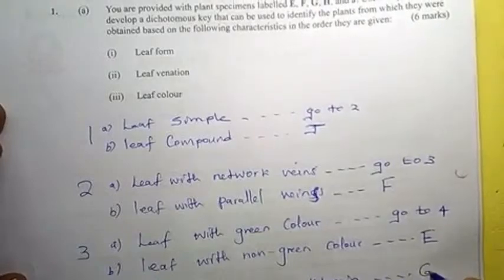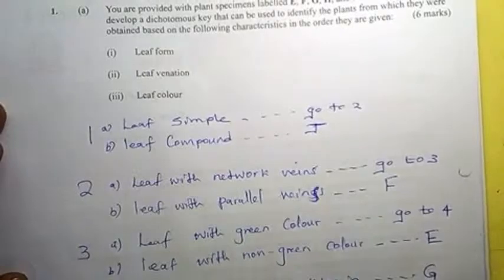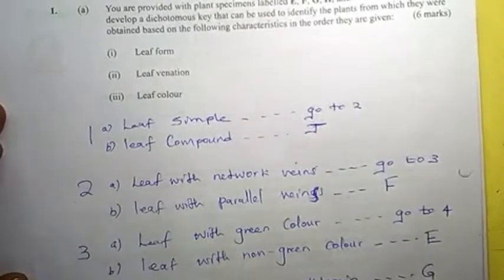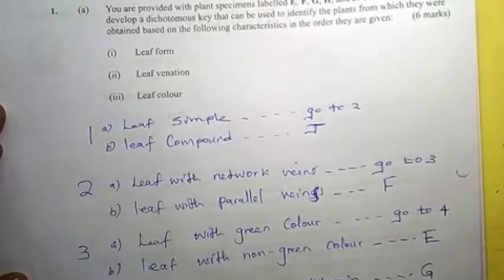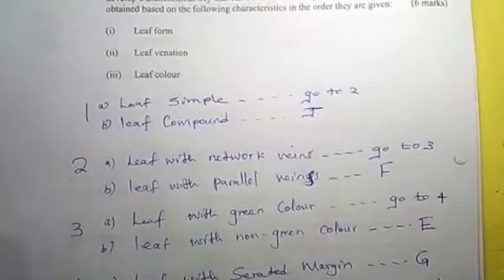That was G. And B, leaf with smooth margin. That was H. And you have made a dichotomous key.